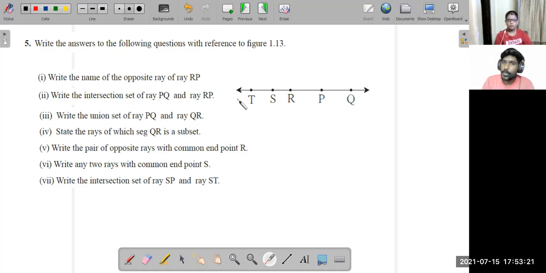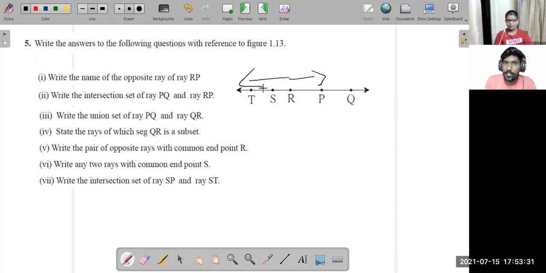Opposite means it has to be on the other side, other direction. This is RP, so opposite means the other direction, this side. Which ray can you see on the other side? TR. Yes. Or RS. Yes, correct. Two you can see: RT or TR and RS. These are the two on the opposite side.